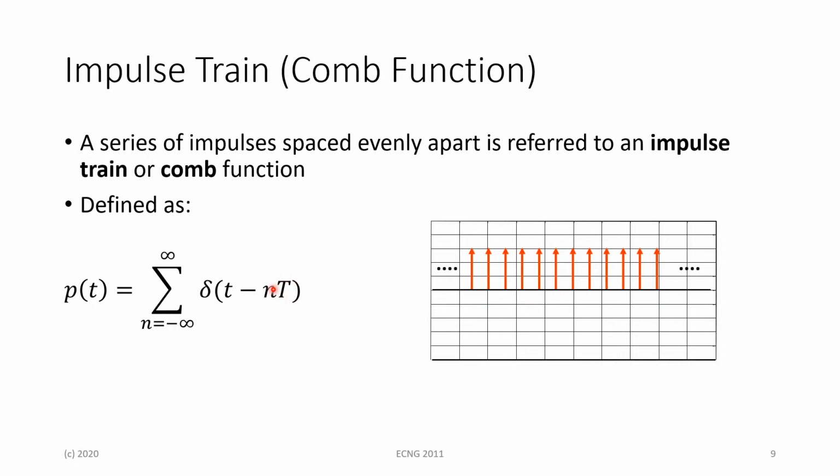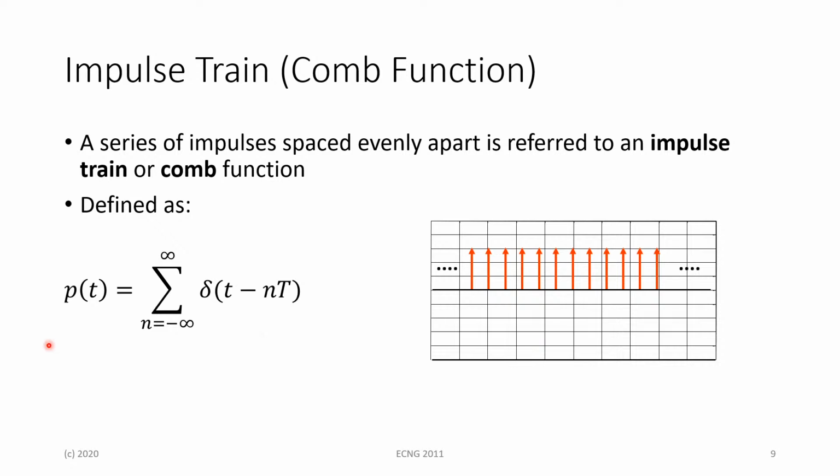So capital T, being our sampling time, will always remain constant. Our impulse train is a series of impulses where each impulse is spaced T seconds apart from each other, and it keeps on repeating towards an infinite value or for a finite value.